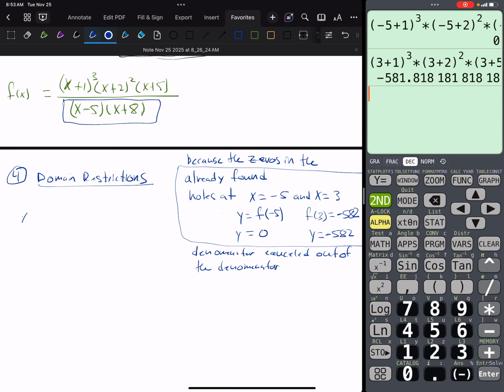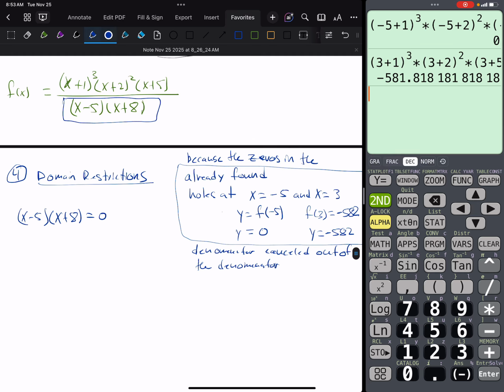And so if I have x minus 5 times x plus 8 equals 0, and I solve this for x, well, these are multiplicity 1 zeros, right, because I have power 1 on each of those. And so I'll have x equals 5 or x equals negative 8, multiplicity 1, multiplicity 1.